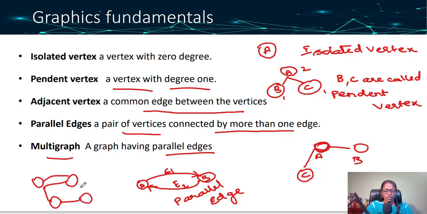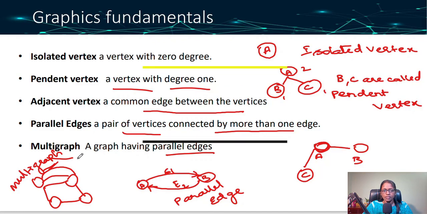This graph having parallel edges, and many edges, is called a multigraph. In this graph you have the parallel edge, right? So it is called a multigraph.